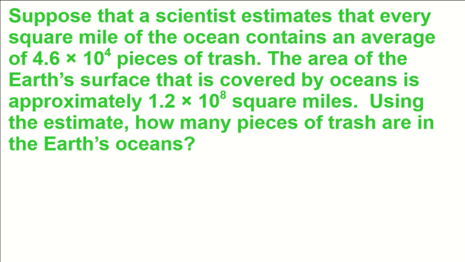All right, so let's get into the Desmos type questions. A scientist estimates that every square mile of ocean contains an average amount of trash. The surface is covered by 1.8 square miles. How many pieces of trash are in the Earth's oceans?